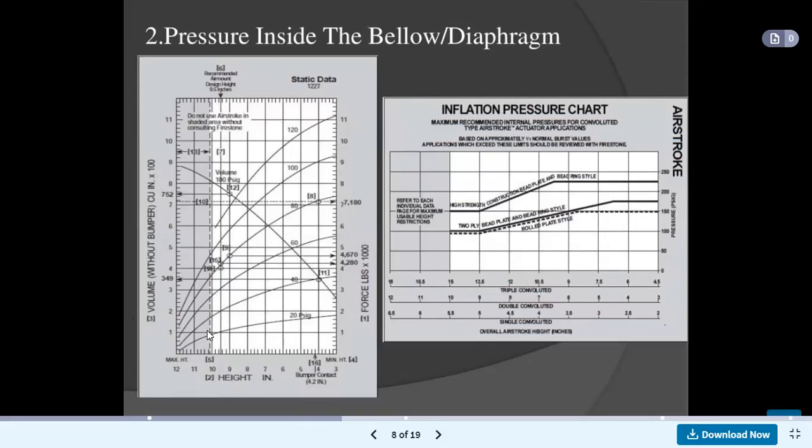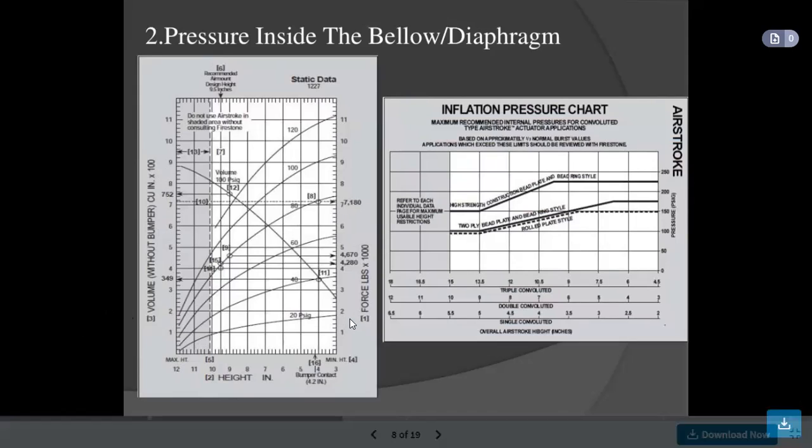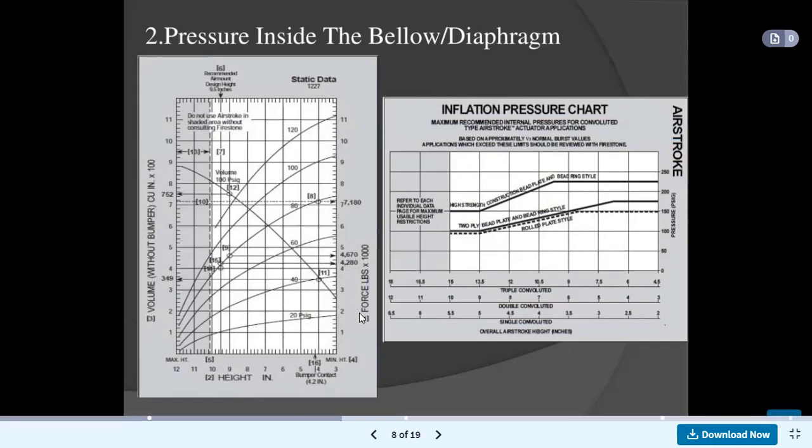On the vertical axis, one more scale is available, that is force in pounds into 1000. So as the height increases, the volume also increases and the force also increases.